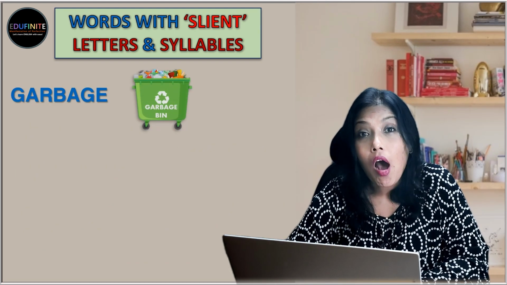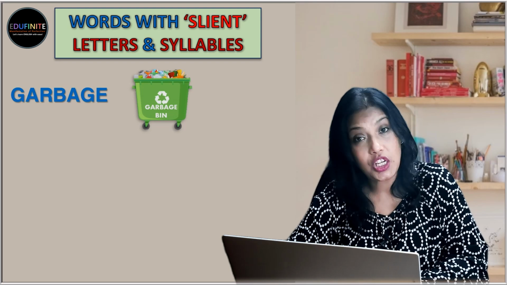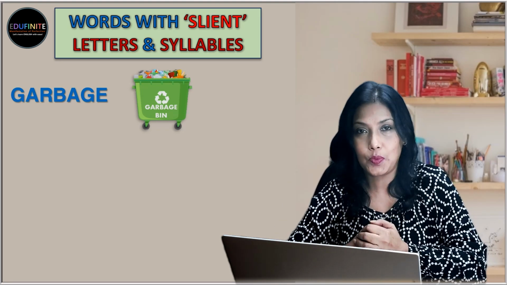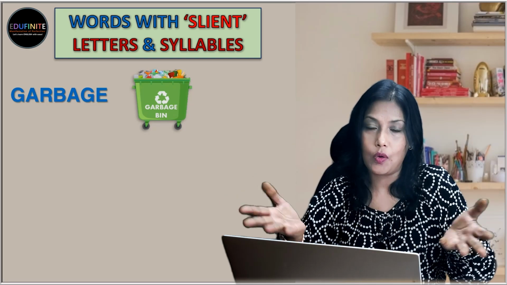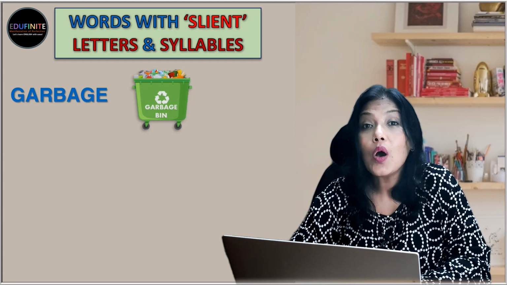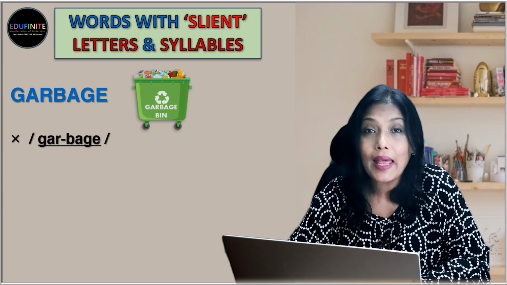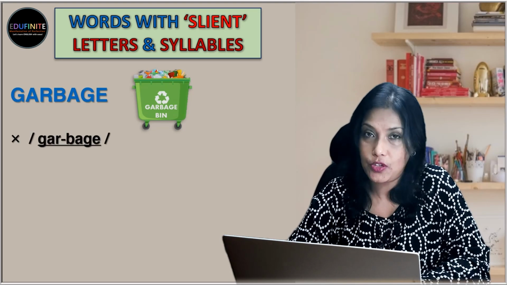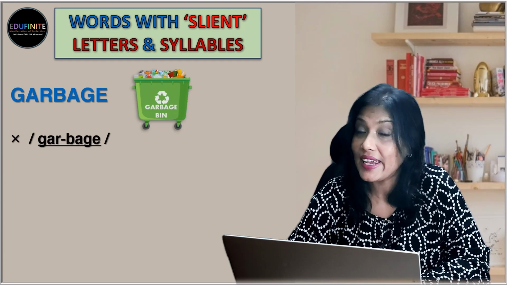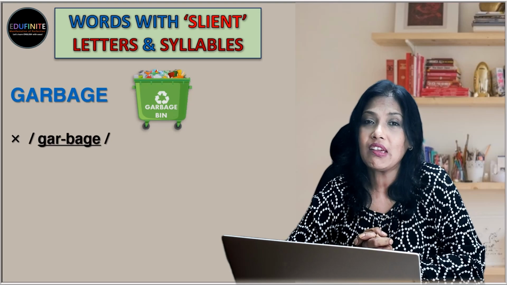It's G-A-R-B-A-G-E. This is also a very, very commonly used word because we always have this in our house. We always want to get rid of it. And how do we pronounce it according to the spelling? We'll say it garbage. No, that's wrong. It's not garbage. Because why? Again, the same thing as I told you in the beginning.